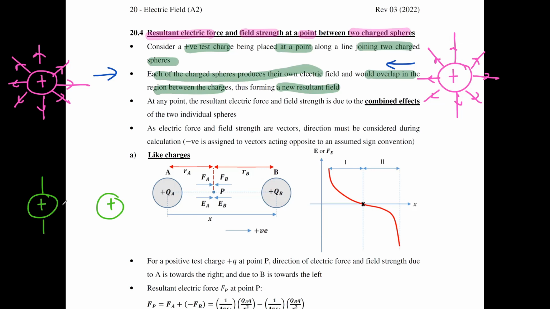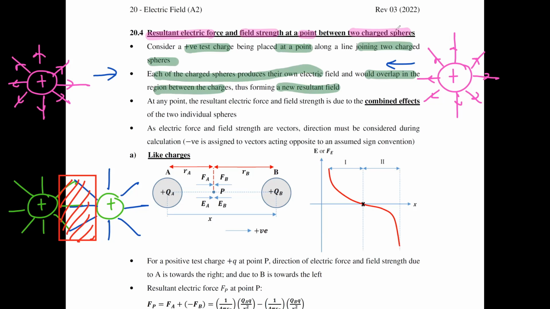This one having its own field like this, and this charge also having its own field like this, you can see that they tend to overlap at this region here. At this region where they overlap, your fields will combine together and produce a new resultant field. You're interested to find out in this region, what is the resulting force, what is the resulting field strength at a point there.